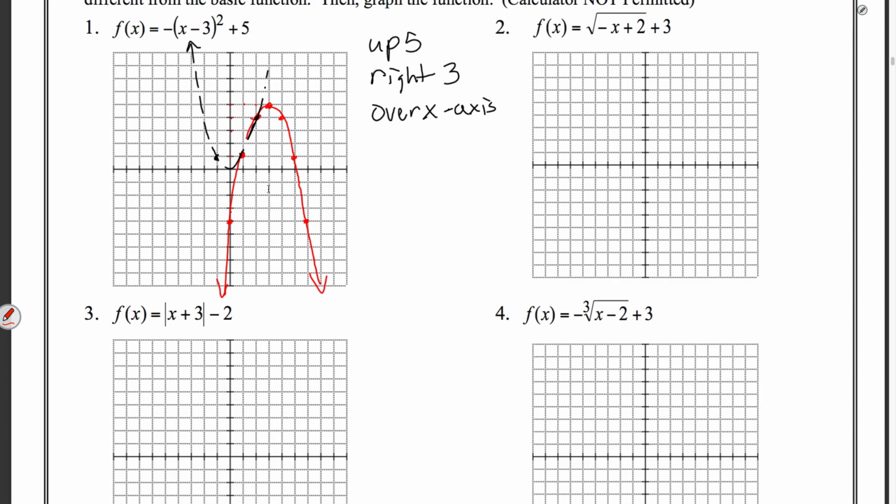But I did ask you guys to add one more thing. I said, tell me what the xy becomes. So the xy here becomes: the x is just going to have 3 added to it, but the y is going to become negative and then plus 5. So negative y plus 5.